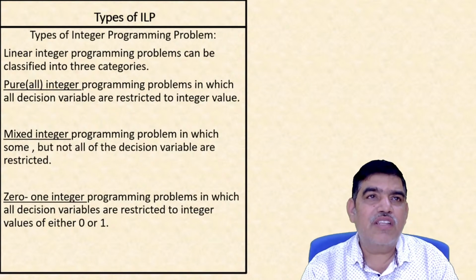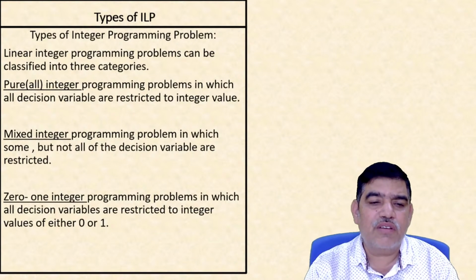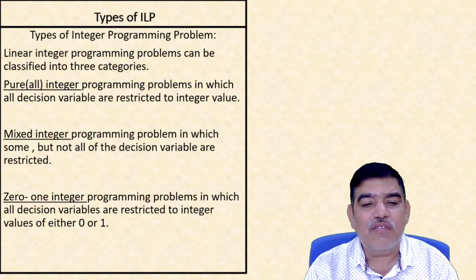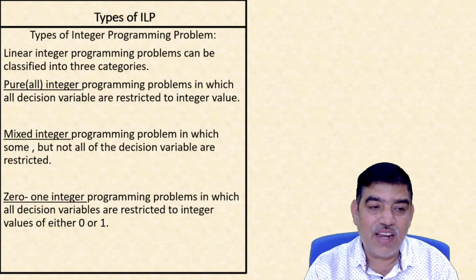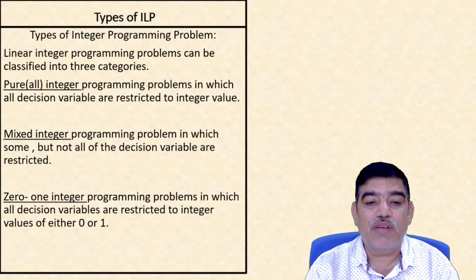Let us consider one example. Suppose the decision variables are x1, x2, x3. x1 and x2 are integer, but x3 has no restriction. x3 may be real or fraction. At that time, this programming problem is called a mixed integer programming problem, in which some but not all of the decision variables are restricted.